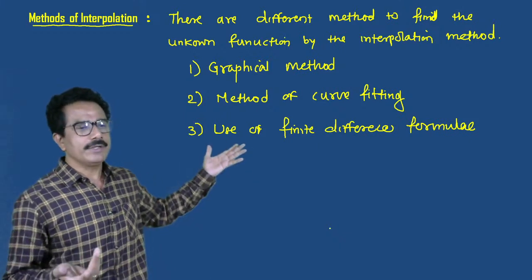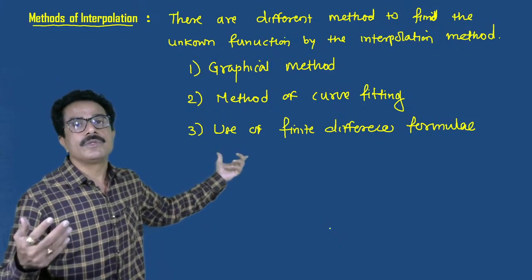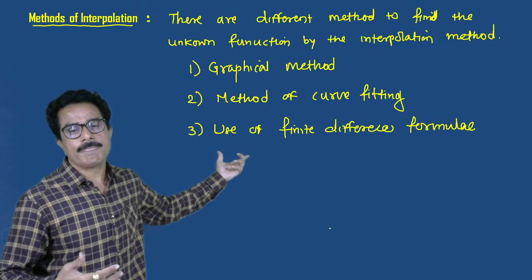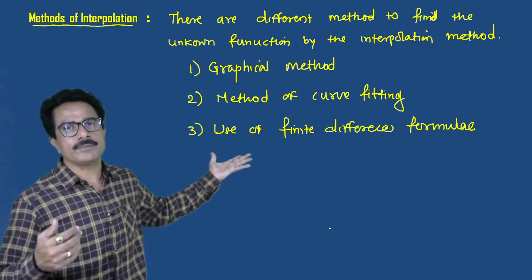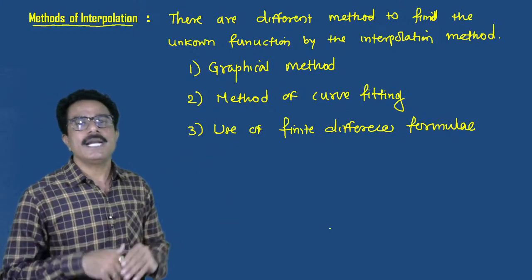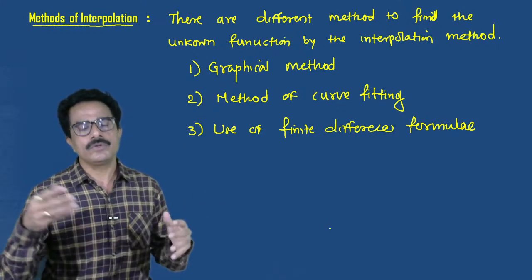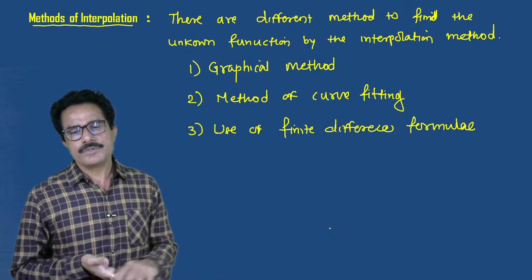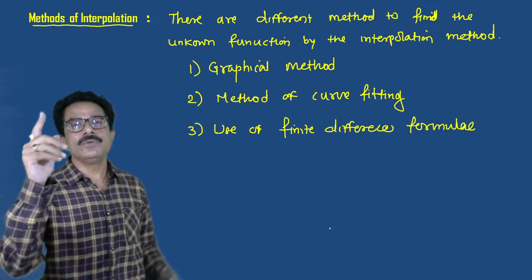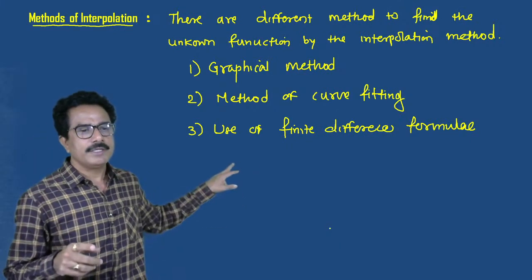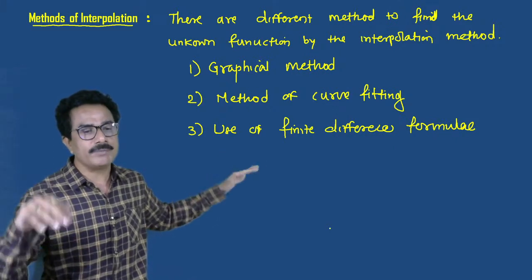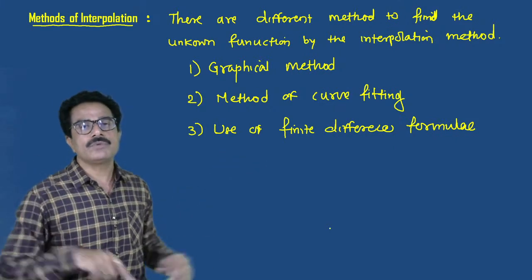So tomorrow we shall discuss how to form the interpolation formula and then how to use it to find the unknown term. Tomorrow we shall start the new interpolation formula, finite difference formulae.